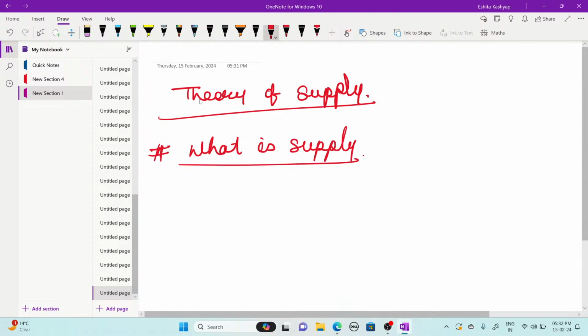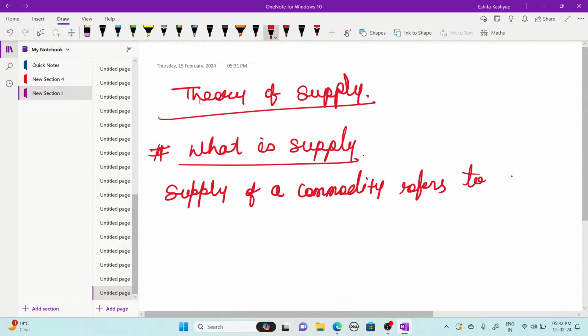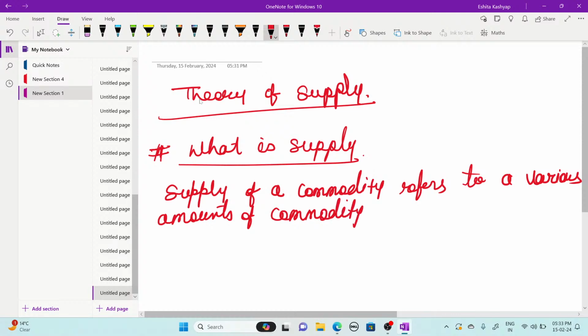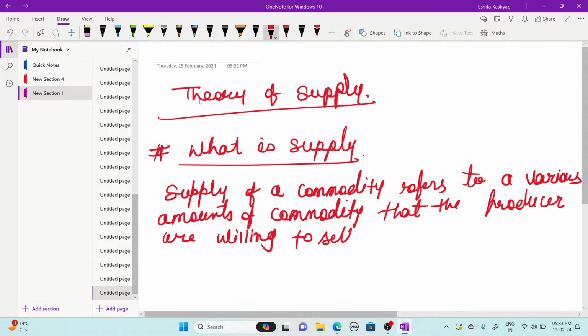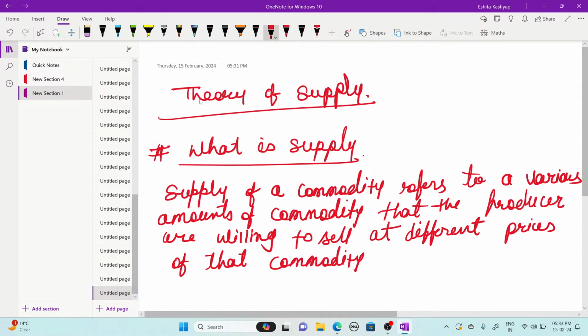Supply of a commodity refers to the various amounts of a commodity that the producers are willing to sell at different prices of that commodity at a point of time.